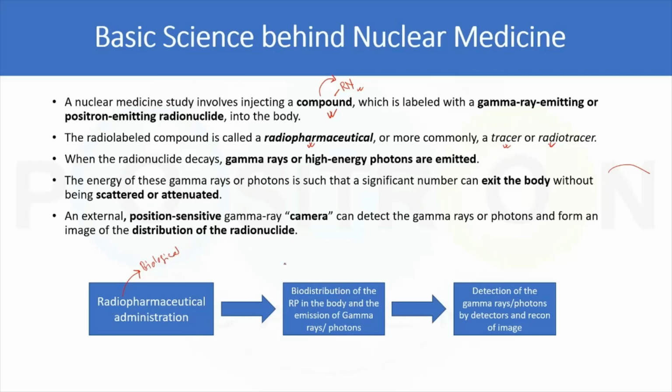Post administration, the pharmaceutical biodistributes in the patient's body and also leads to the emission of the gamma ray photons. And the last step is detection of those gamma ray photons emitted by the radiopharmaceutical for reconstruction of the medical image, and that image tells about the distribution of the pharmaceutical inside the patient's body, and this image has many prognostic as well as diagnostic information.